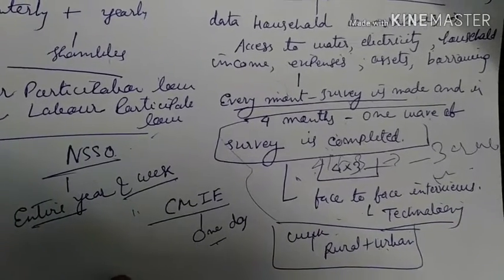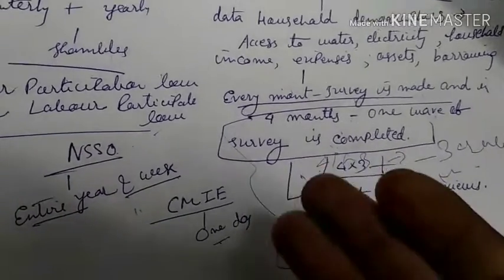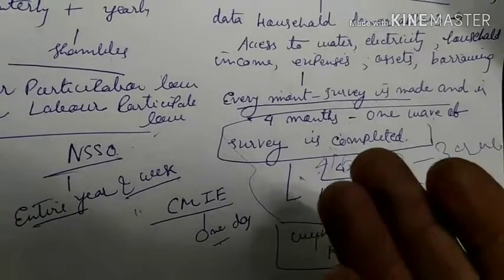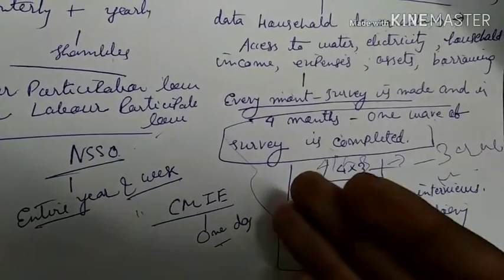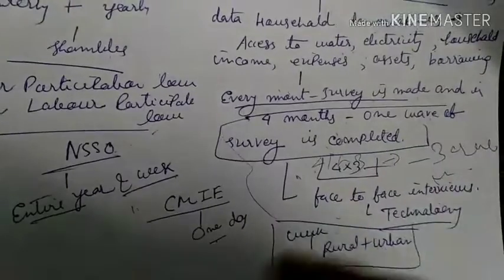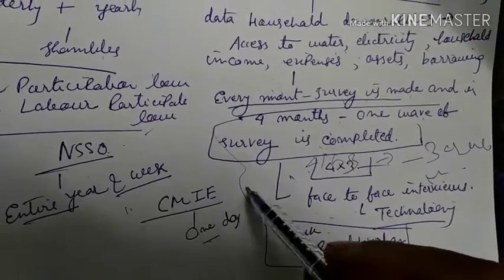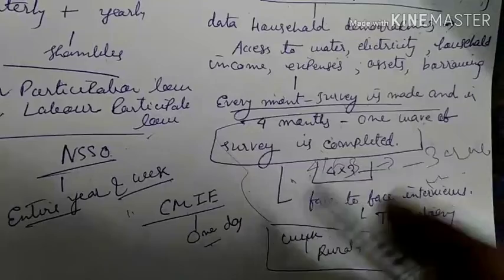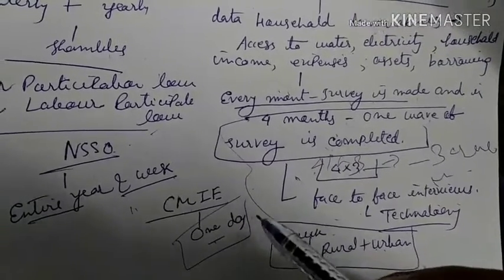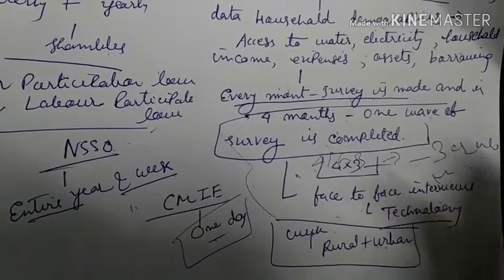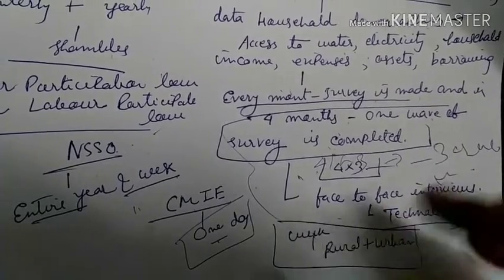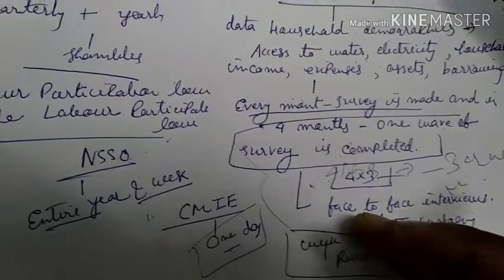Thus the information collected from this survey might not be 100% true. But what CMIE does is their reference period is 1 day, thereby bringing more accuracy because people generally do not forget about a 1 day reference period.